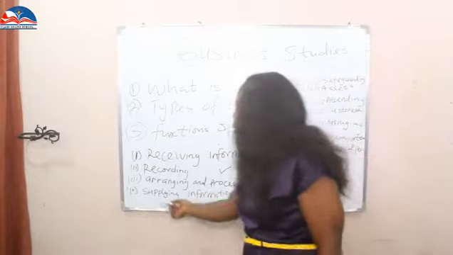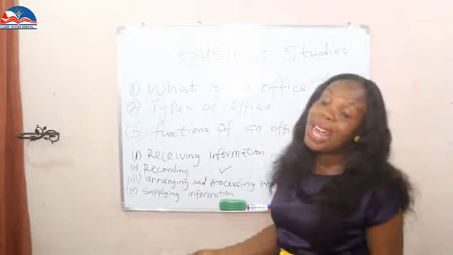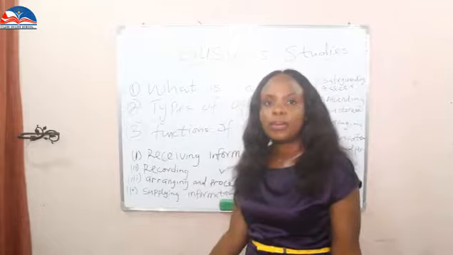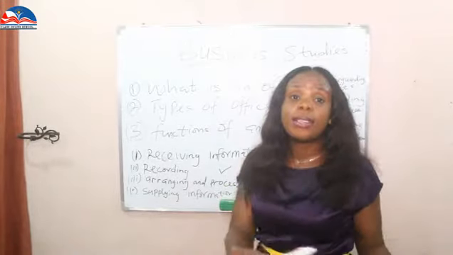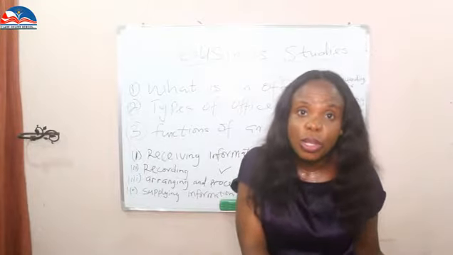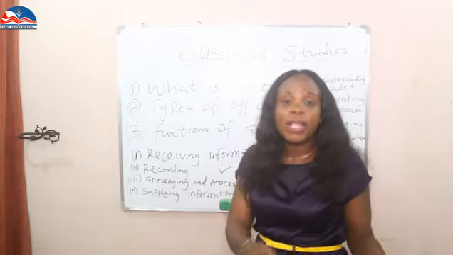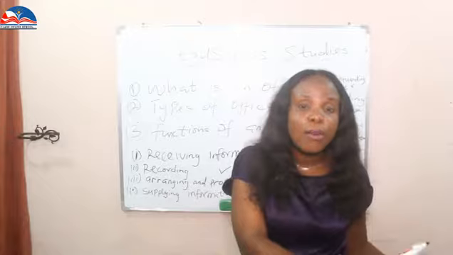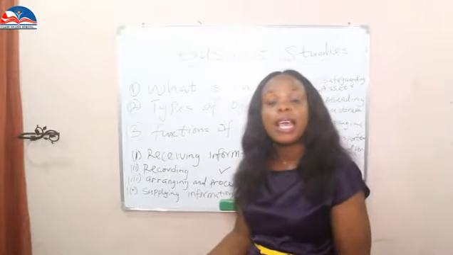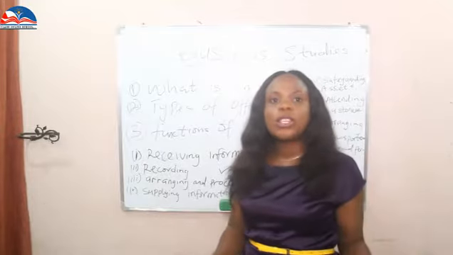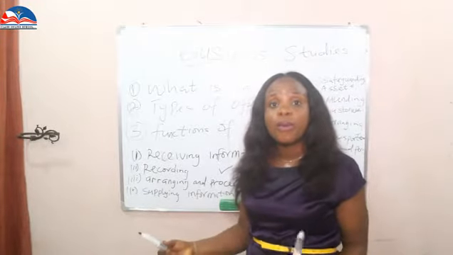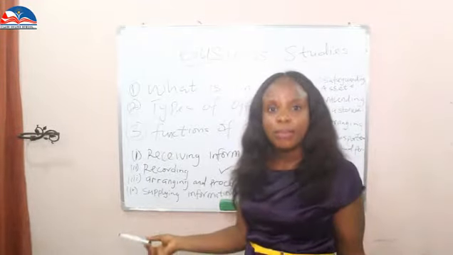Then we have another one that has to do with supplying information. Each of the departments in the organization has their own duties and function. And so, if a particular department has information that another department needs, they have to supply such information. And equally, the organization sometimes searches for outside information to be supplied to them.